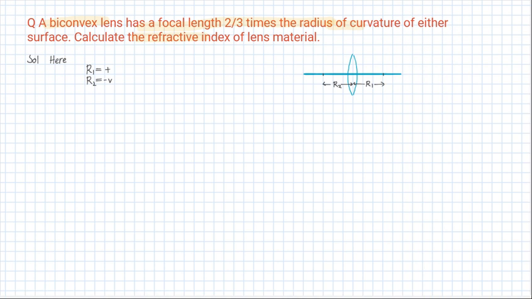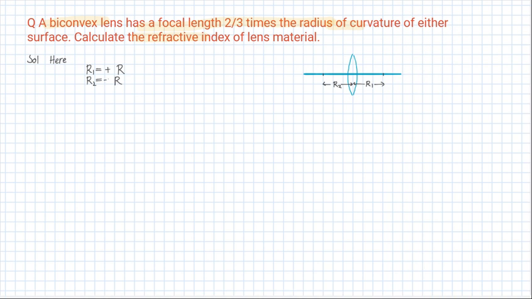Let us assume R1 to be R, and your R2 will be minus R. This R can be any value, it is a variable, I've assumed any random variable. But the only difference is that R1 should be positive and R2 should be negative according to your sign convention.